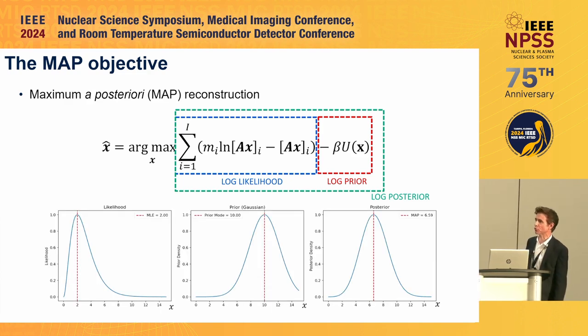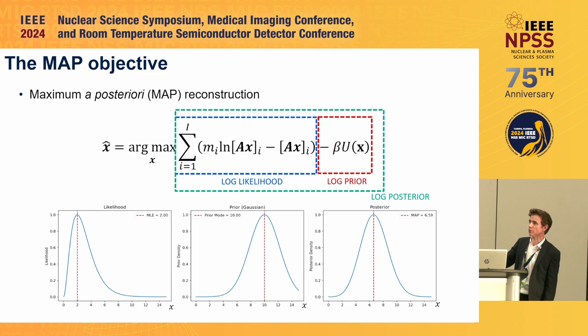So looking at that in very simple graphical terms, we could consider the likelihood on the bottom left there. There we go. So this would be a pixel value x, and typically what we're trying to find is the value of x that would maximize the Poisson log likelihood, but of course that can be noisy. Hence, in comes our prior. If we had a Gaussian prior here corresponding to a quadratic there, then our prior might say, well, actually, the best position is over here, and so the posterior ends up being some compromise, some balance between data fidelity, the Poisson log likelihood, and our prior.